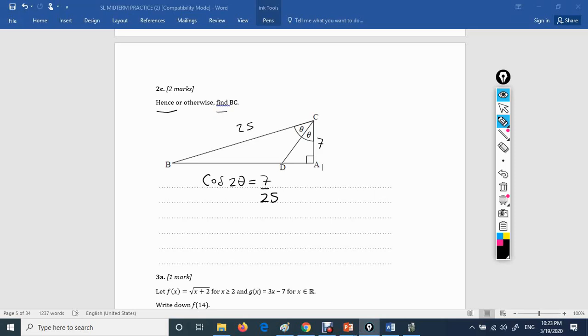But remember that this is not necessarily the measurements of those sides, but it's a proportion. The proportion of cosine of 2 theta is 7 over 25. Recall that before they told us this side actually measures 14. In other words, this equals 14 over the length BC, which is what we want to find. But it's easy to find because we can see that 7 times 2 is 14. Therefore, BC must equal 25 times 2, where BC is 50. Full stop.